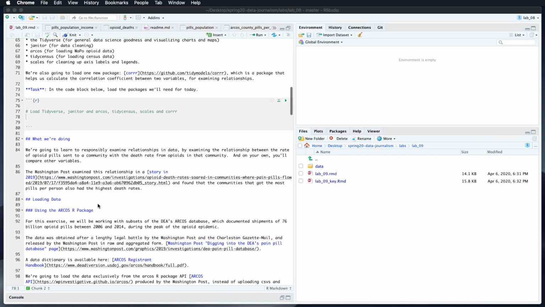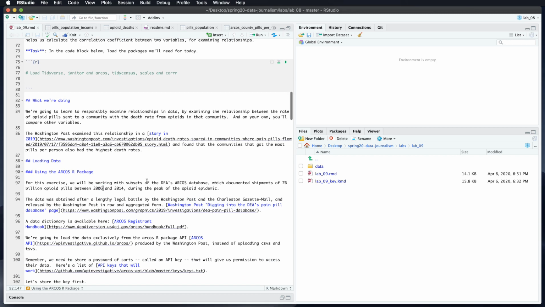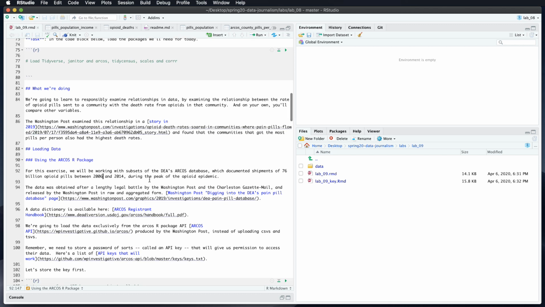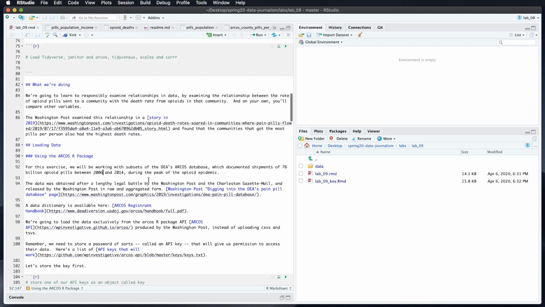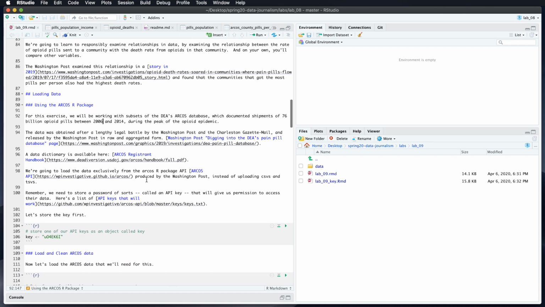Okay, so the first thing we're going to do is load the data that we need. We're going to load a couple tables that we have previously worked with from the ARCOS database.